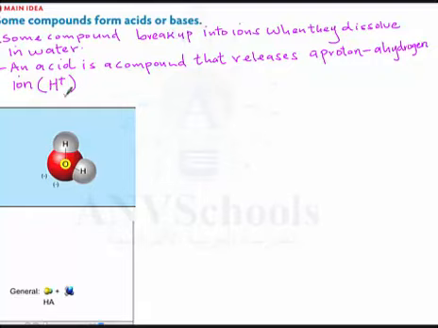That is why we are calling it a proton, when it dissolves in water.